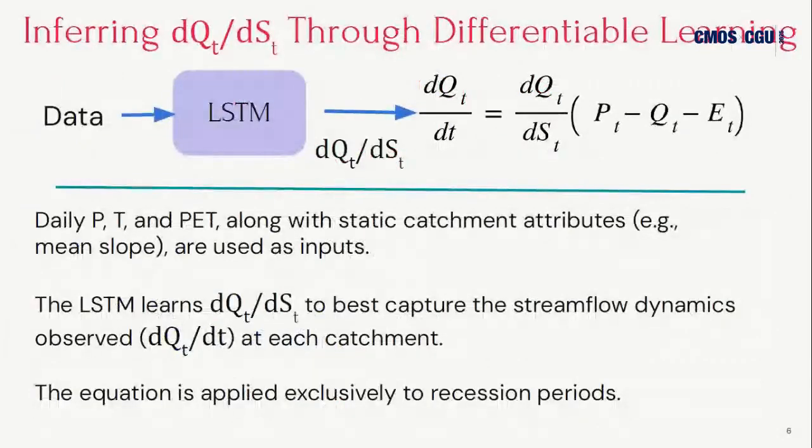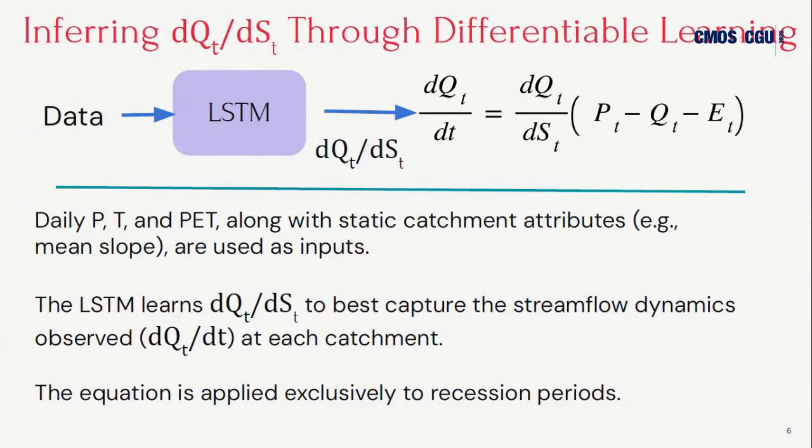This is the general framework that shows how we are going to evaluate dq over ds, or the sensitivity function, using what is called differentiable learning, or what we use as deep learning to solve this.